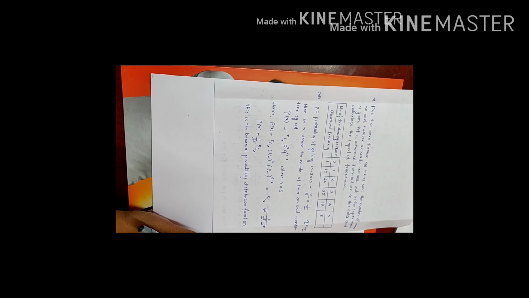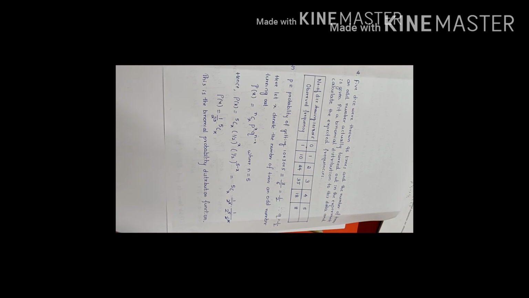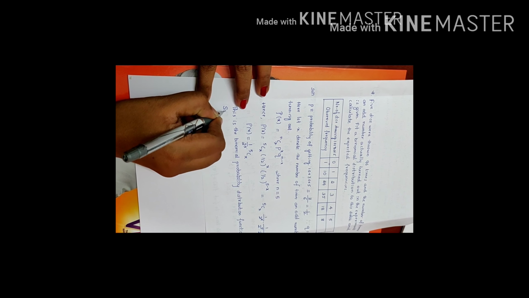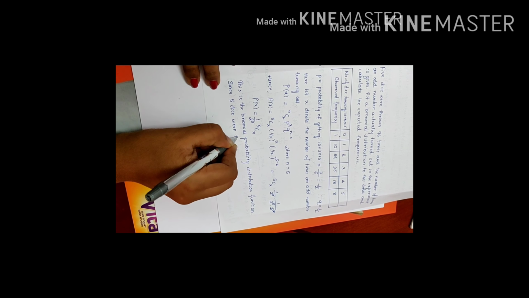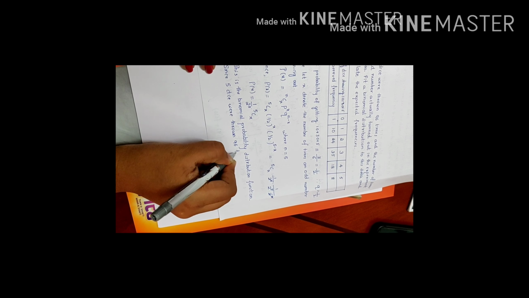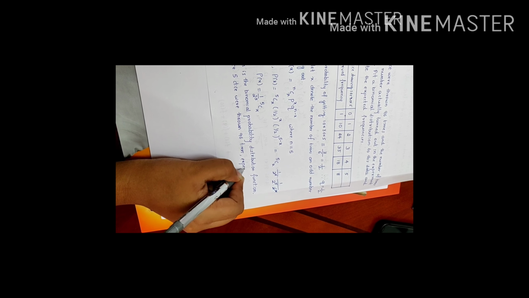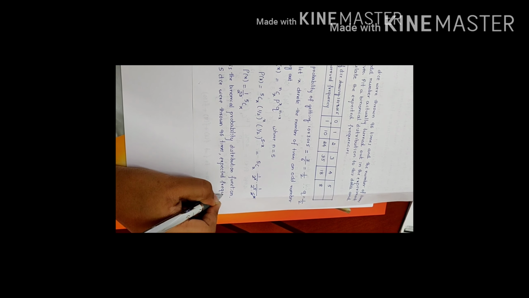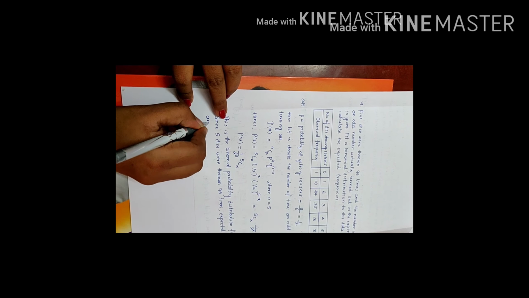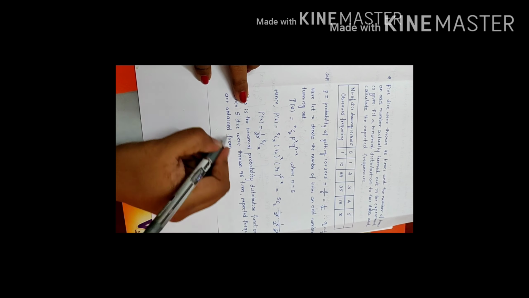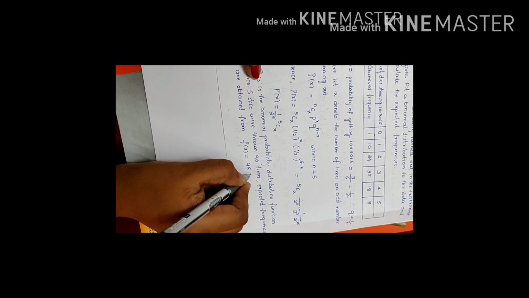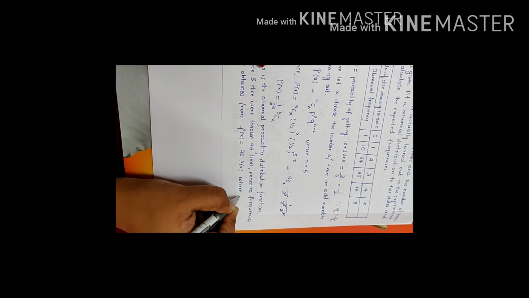Since 5 dice were thrown 96 times, expected frequencies are obtained from f of x is equal to 96 into p of x, where x is equal to 0, 1, 2, 3, 4, 5.